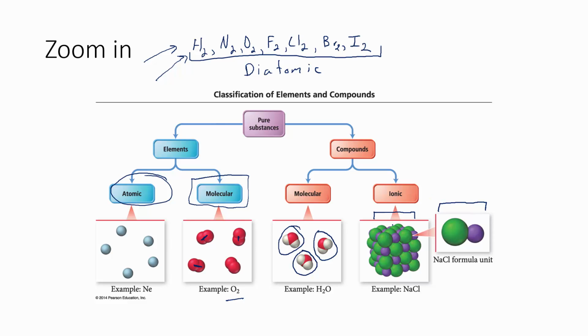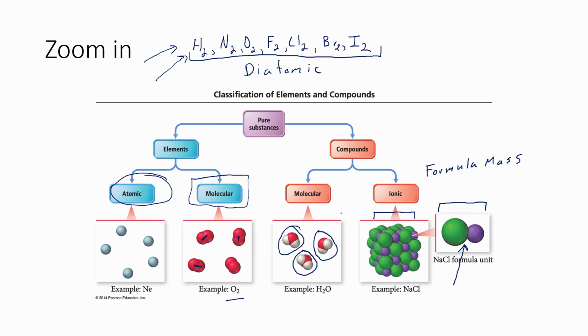Now, when we talk about atomic mass, and we talk about it for molecules, we can just add up the individual elements' masses that make it up. When we talk about the molecular mass for an ionic substance, we actually refer to it as the formula mass, or formula weight, instead of molecular mass, because we're usually talking about just the mass of one formula unit worth of that substance.